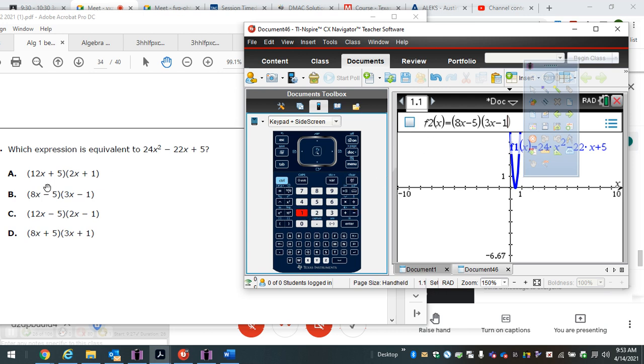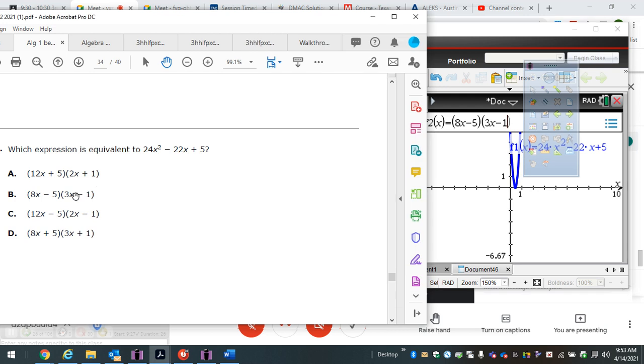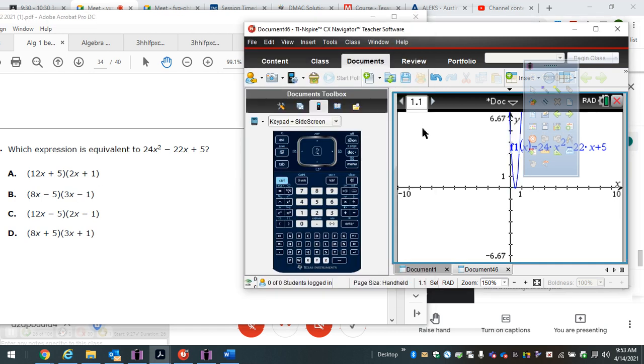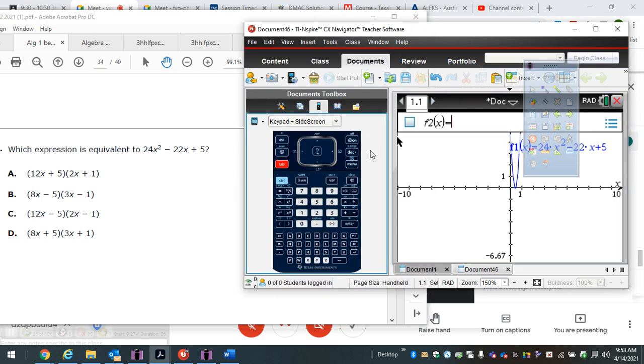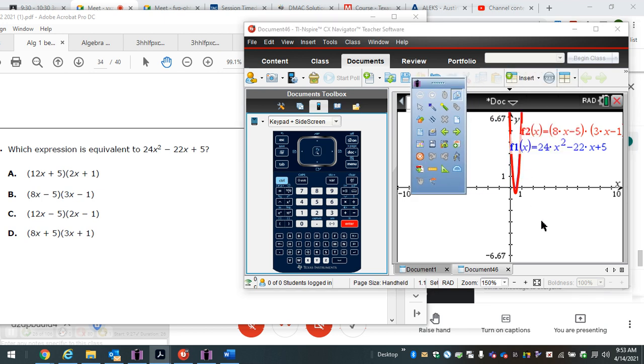Okay, so we're going to 8x minus 5, 8x minus 5, 3x minus 1. What did I do? Oh, great. I just showed the wrong one again. 8x minus 5, 3x minus 1. What in the world?